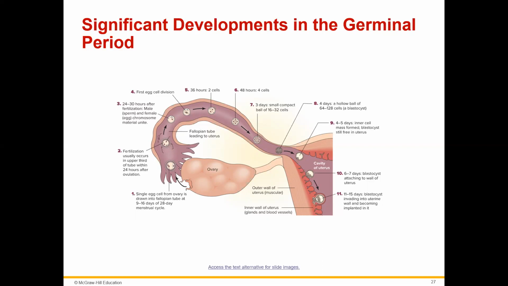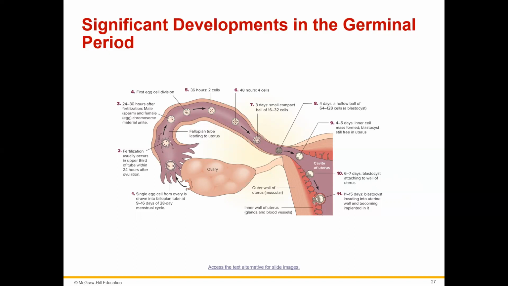It gets drawn into the fallopian tube. If there is sperm in the system, then they will be swimming up these fallopian tubes, and if it's at the right time of the month, they may encounter this egg that has been ovulated, and fertilization or conception may occur.